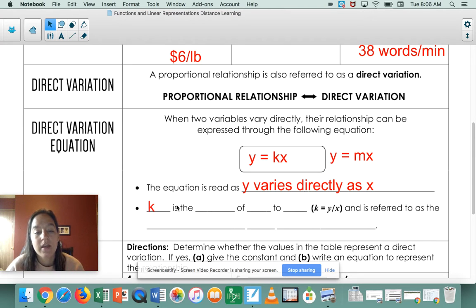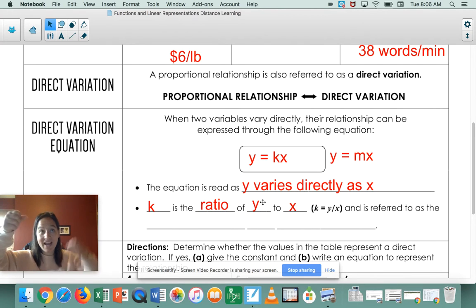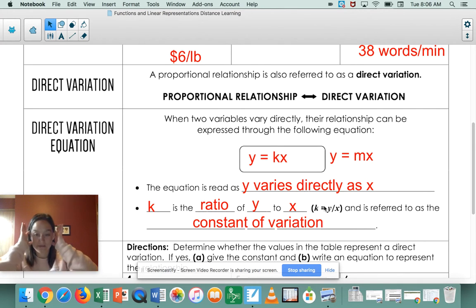So k, which is the constant rate, is the ratio of y to x. Because how did we find the constant rate? We took a y and an x value, we made it into a fraction, we divided. So that's how k came to be. k is called the constant of variation. The constant rate can be called the constant of variation.